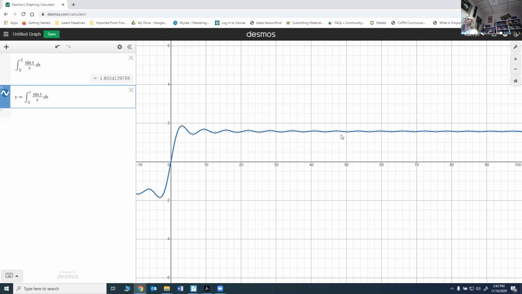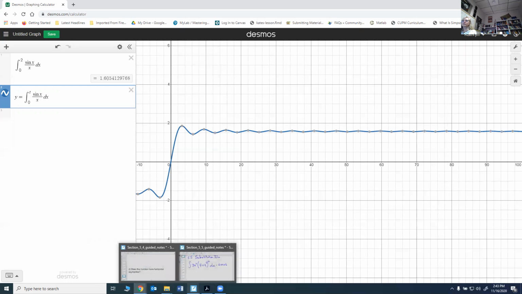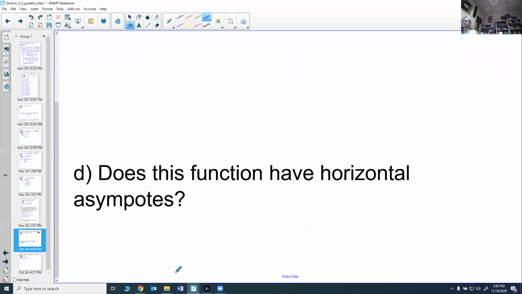It looks like we are in fact going along and getting a value around 1.56, 1.58, somewhere in there. We can see that value coming in. So this is a nice feature of Desmos. It's good to use. And you can find that horizontal asymptote.